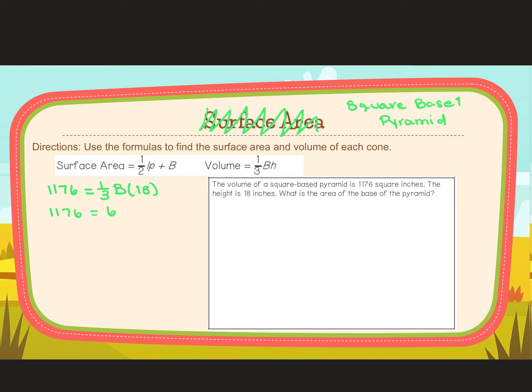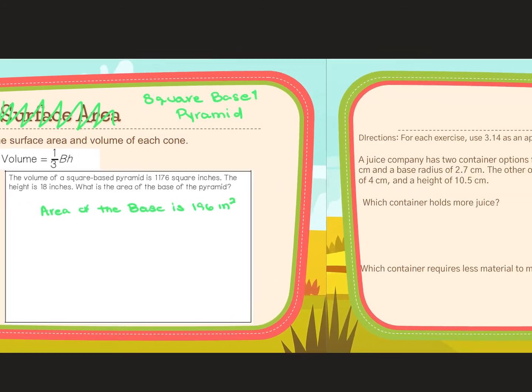So we have 6 times the area of the base. Divide both sides by 6, and we get that 196 is equal to B, which means that the area of the base is 196 inches squared.